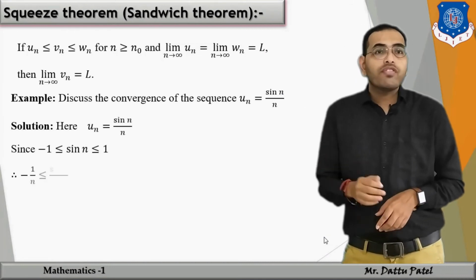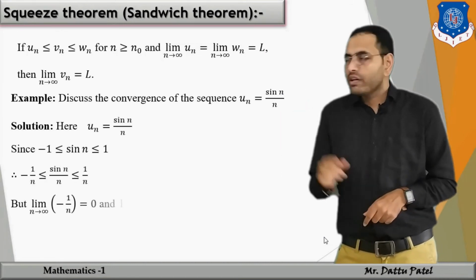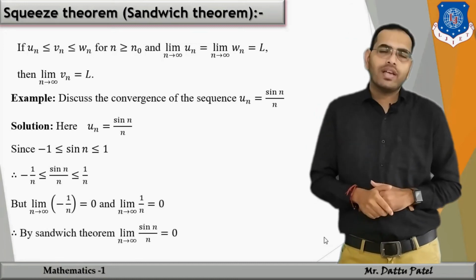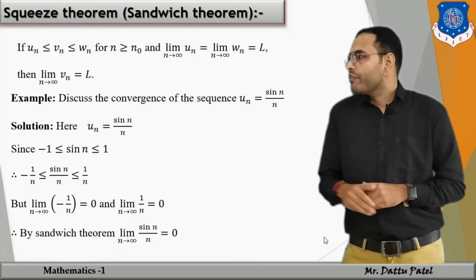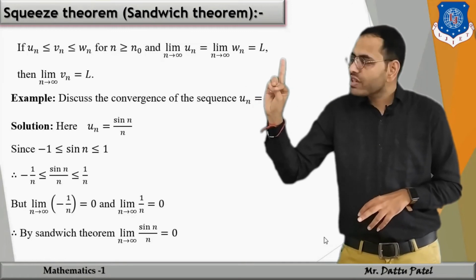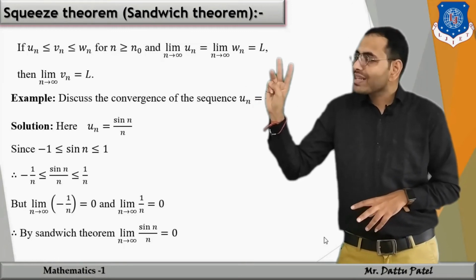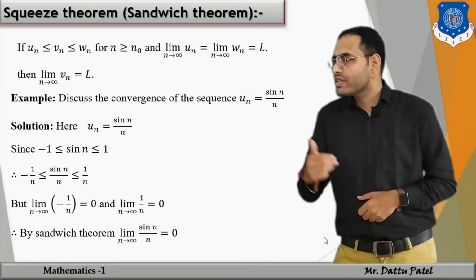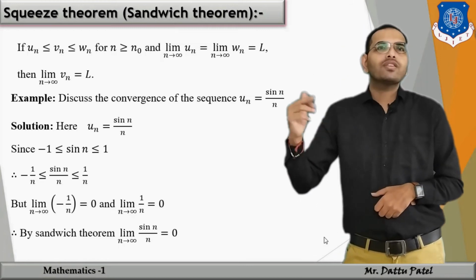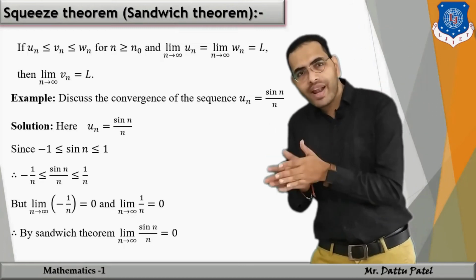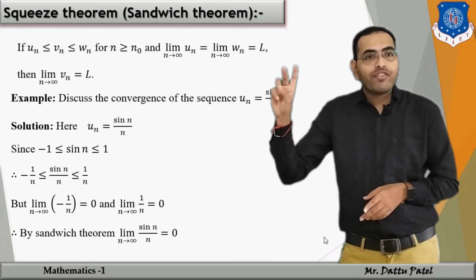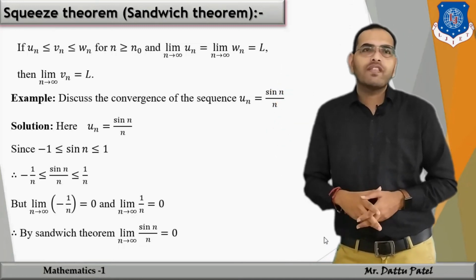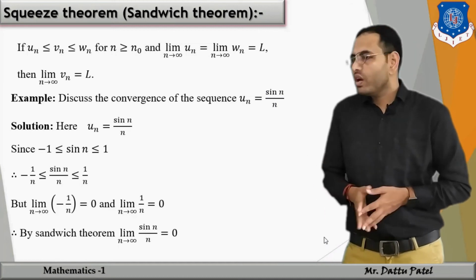If u(n) is less than or equal to v(n), which is less than or equal to w(n) for all n greater than or equal to n0, and the limits of the first and last sequences are the same, that is, limit as n tends to infinity of u(n) is L and limit as n tends to infinity of w(n) is also L, then the middle sequence's limit as n tends to infinity of v(n) is equal to L.